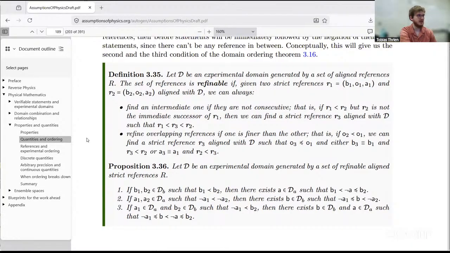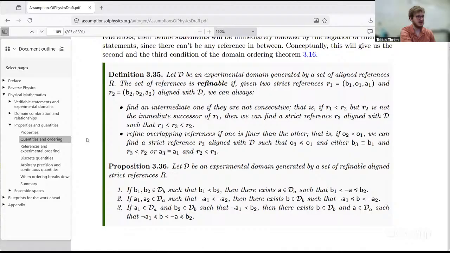Okay. And I guess we also need, it's like an "and". The second thing also needs to be true. Refine overlapping references if one is finer than the other.